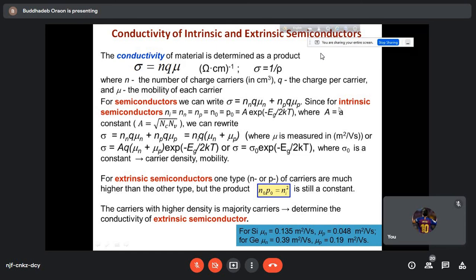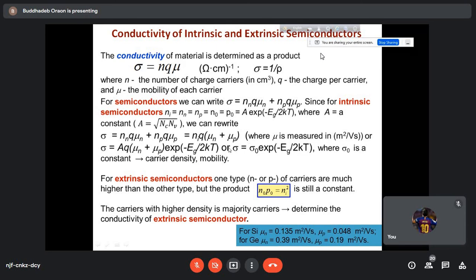But for an intrinsic semiconductor, all these values are same, and if we put these values, after some calculations, we get one expression, which can generally be used to calculate the conductivity of an intrinsic type of semiconductor: sigma equals sigma naught times e to the power minus Eg by 2kT. So this is the equation.